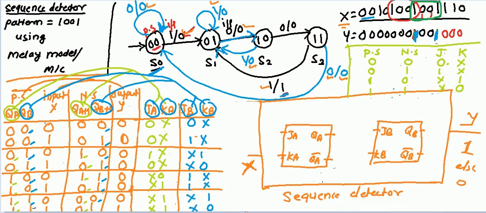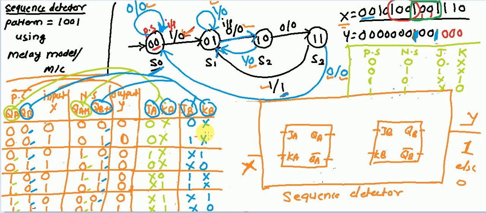If QB is 1, QB plus is 1, JB is don't care, KB is 0. If QB is 0, QB plus is 1, JB is 1, KB is don't care. So now we have all the values under JA, KA, JB and KB columns.